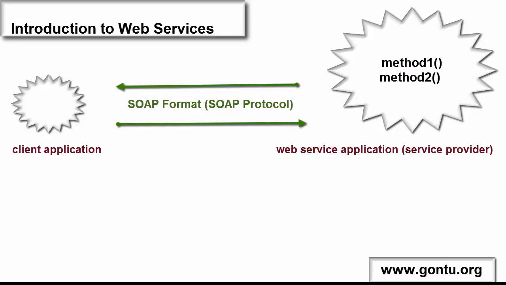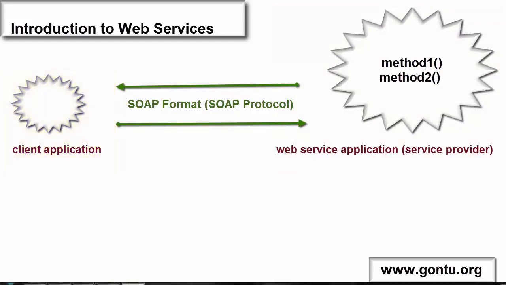For now, an important point to note is that the client and service provider both communicate with each other using the SOAP protocol, and as a result, this web service application is termed a SOAP-based web service application, and its client is termed a SOAP-based client.